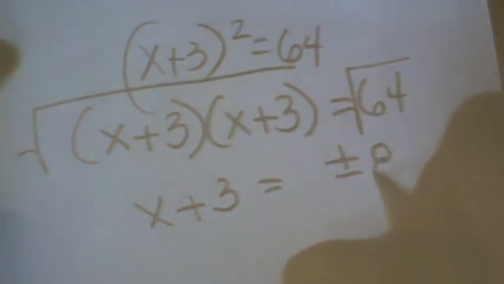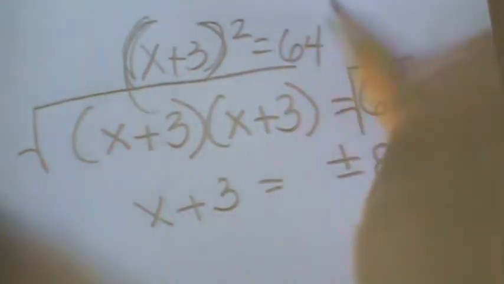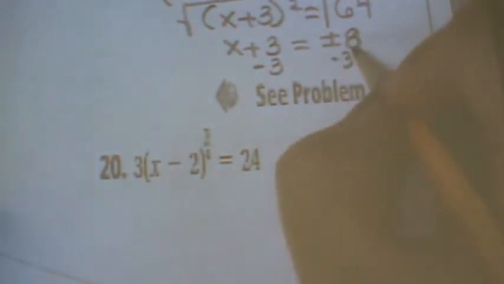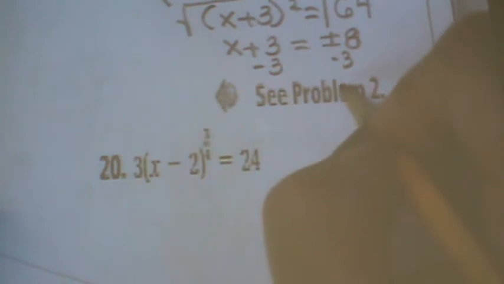Why don't you minus 3 on each side after you square it? Well, you can't do that until you get rid of this. We're not done yet. You asked me why didn't we subtract 3? We weren't at that point yet. Nope, subtract 3. So it's negative 3 plus 8 and negative 3 minus 8.